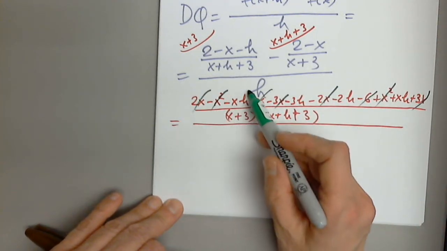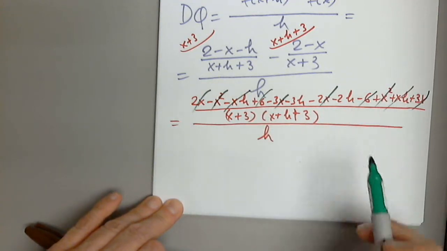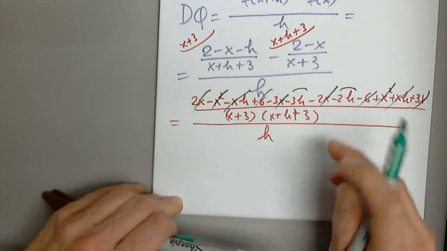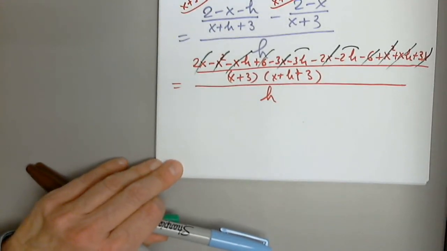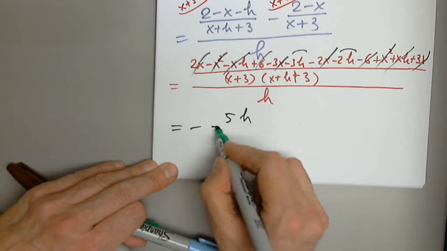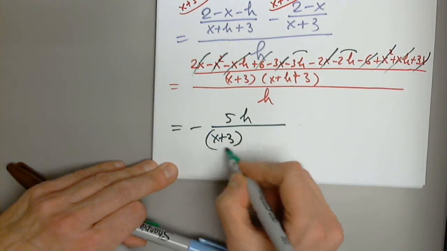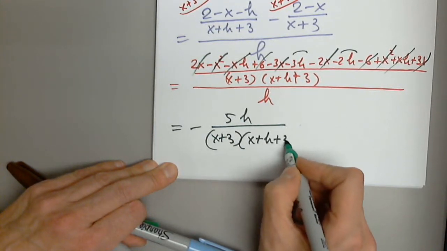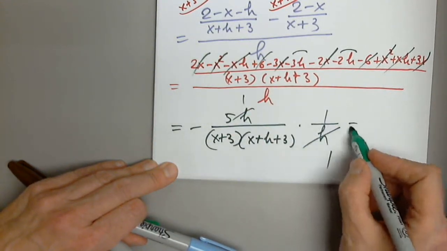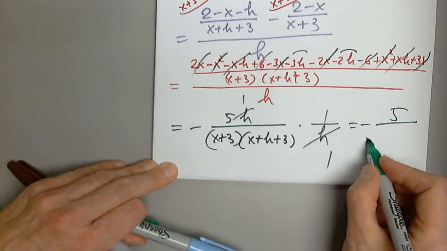Even an extra term, that's a bonus, negative xh with positive xh. And I see there are two terms remaining, and they add up to negative 5h. So now I have negative 5h over x plus 3, x plus h plus 3, times 1 over h. And the simplified form is this.